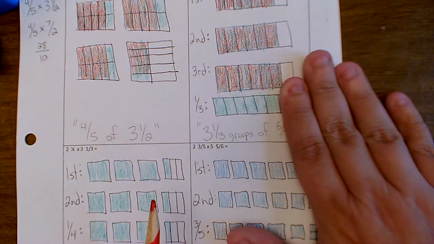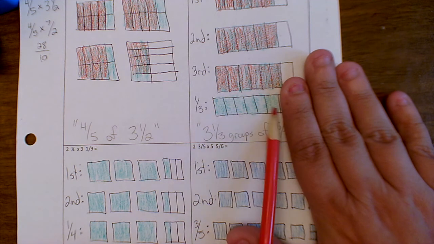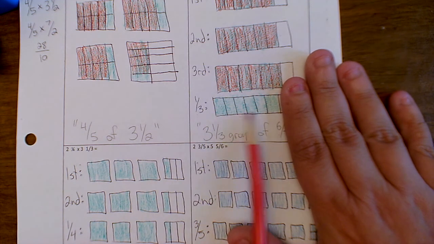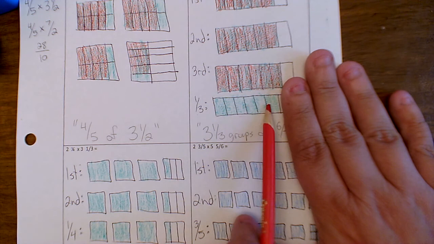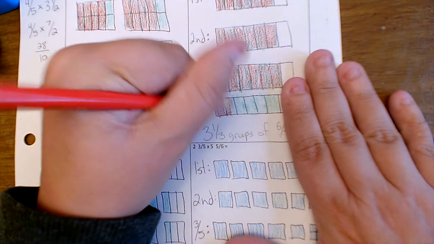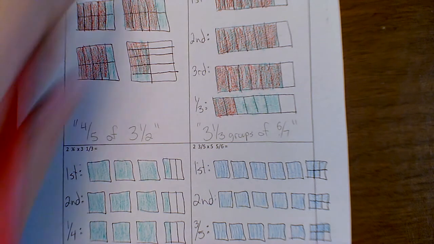So if you just focus on the 6/7, you should see that you have 6 pieces right here. So if I want a third of 6 pieces, how many is that going to be? So that should be 2 pieces. So these 2 make a third, these 2 make a third, and these 2 make a third. So 2 out of the 6 should be a third. So you're left with that.